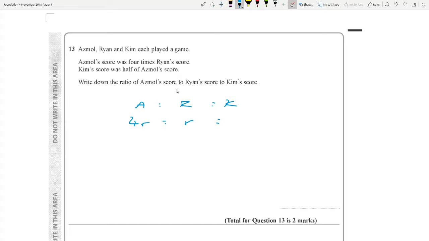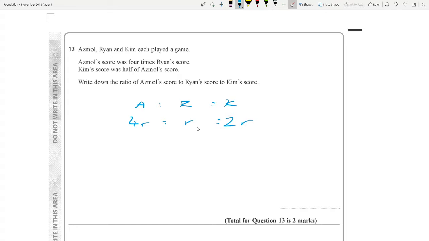So we're going to write down the ratio of Asmul's score to Ryan's to Kim's. Coming back, imagine Ryan got a score of R, then Asmul got 4 times that, so it's going to be 4R. And then Kim was half of Asmul's, so Asmul got 4R, half of 4R is 2R.